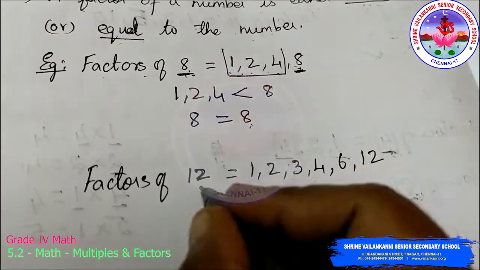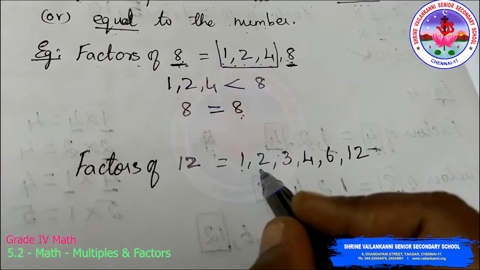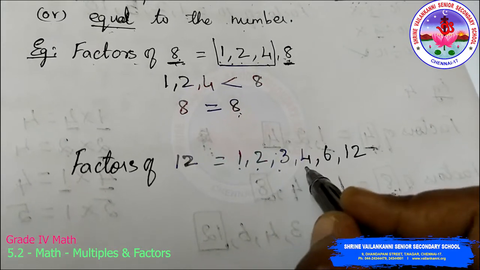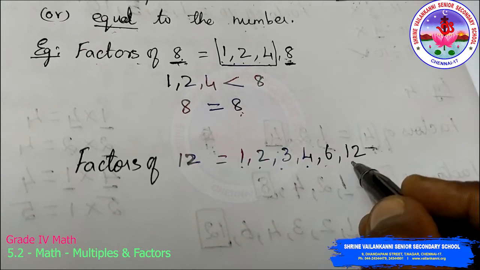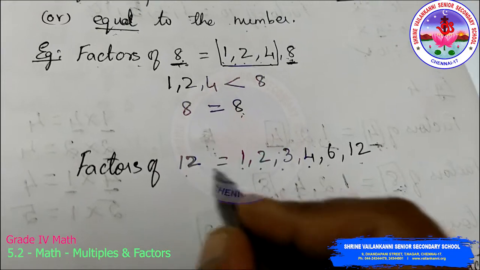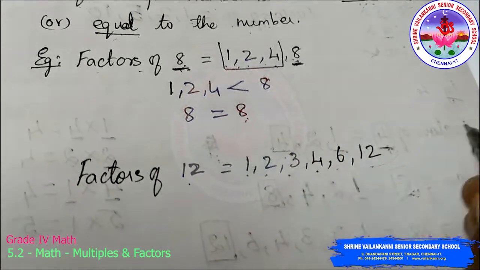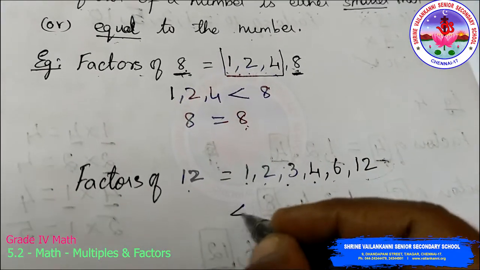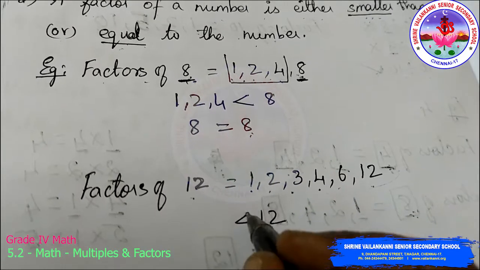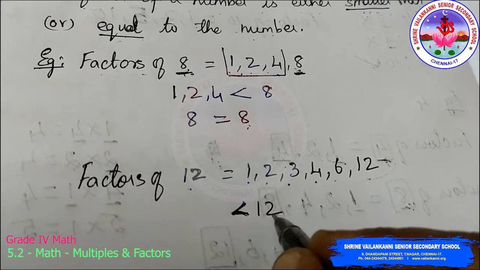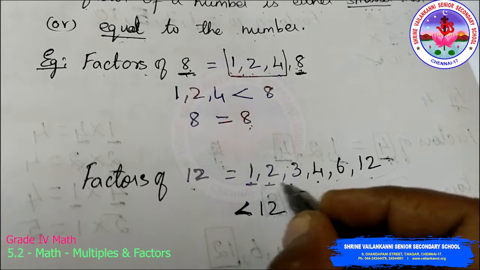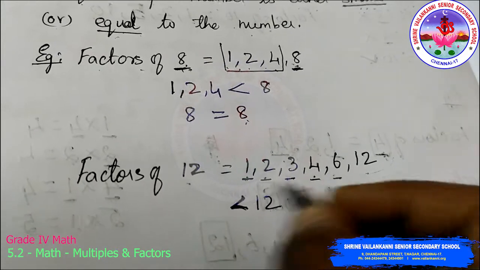One more example: the factors of 12. With the 1 table, 2 table, 3 table, 4 table, 6 table and 12 table we get 12. So these are the factors. Which factors are lesser than 12? 1, 2, 3, 4, 6.